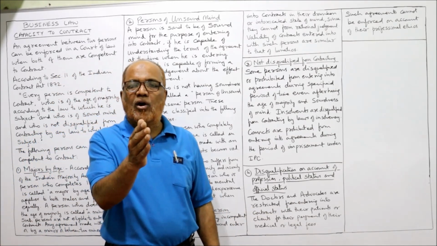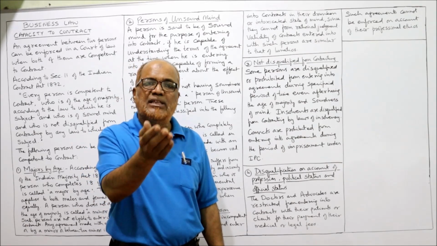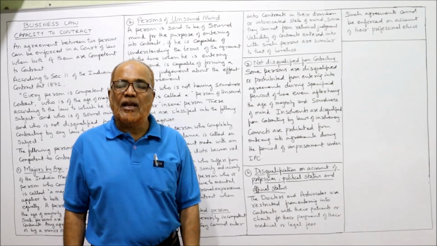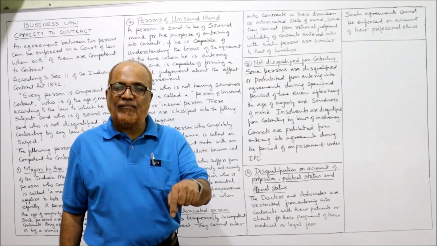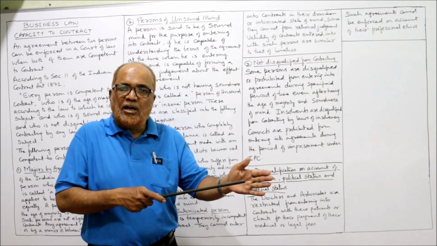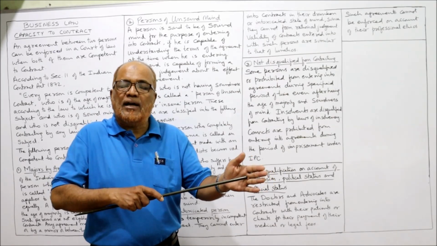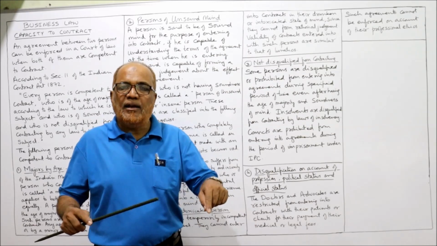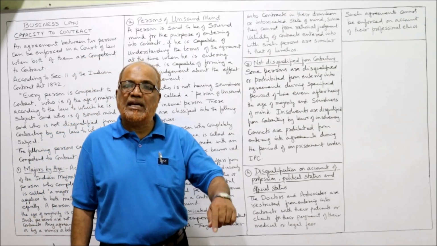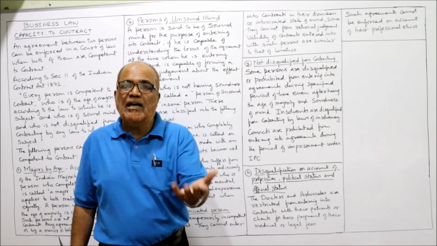A doctor cannot enter into an agreement with the patient regarding the payment of medical fees. Similarly, an advocate cannot enter into a contract with their client for the legal fees.